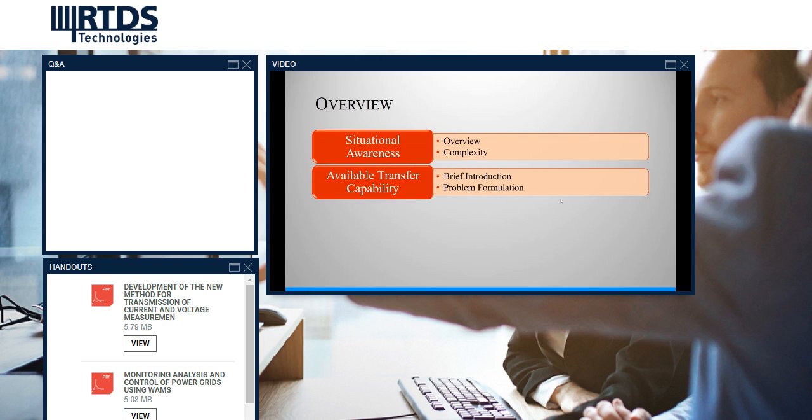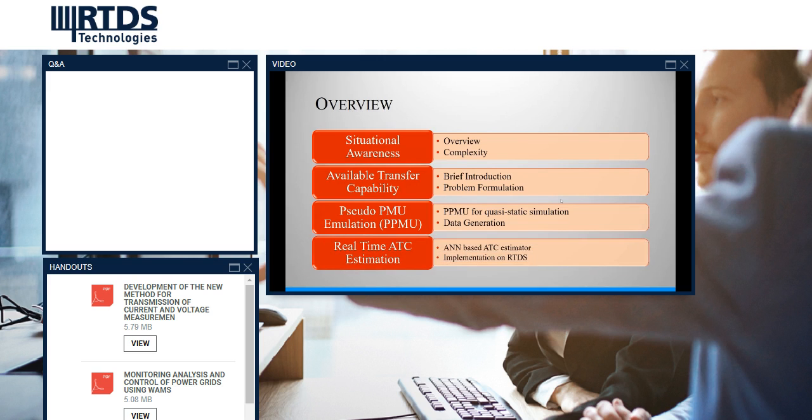That is, we have considered available transfer capability for this purpose. We have developed the pseudo PMU emulation for quasi-static simulation. We will discuss that, and then we will go into the details of real-time ATC estimation, where we will be discussing how the real-time ATC estimation has been implemented on a real-time digital simulator.